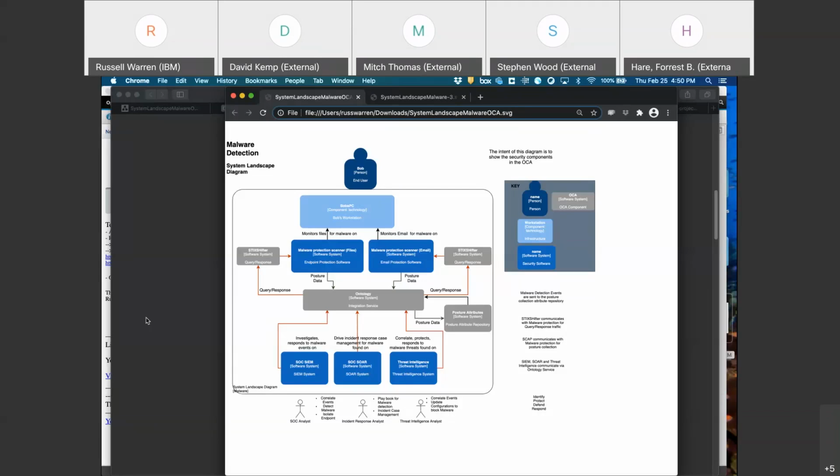And for the posture assessment system, we said we need a posture attribute repository, but we really need an enterprise repository that tells you what assets you have. I haven't seen an asset repository in any of these products. I don't think SEAM provides that repository. So I think sometime we're going to need an Active Directory or something that lists all of the PCs that we know about. And so that'll have to go into all the diagrams, I think.